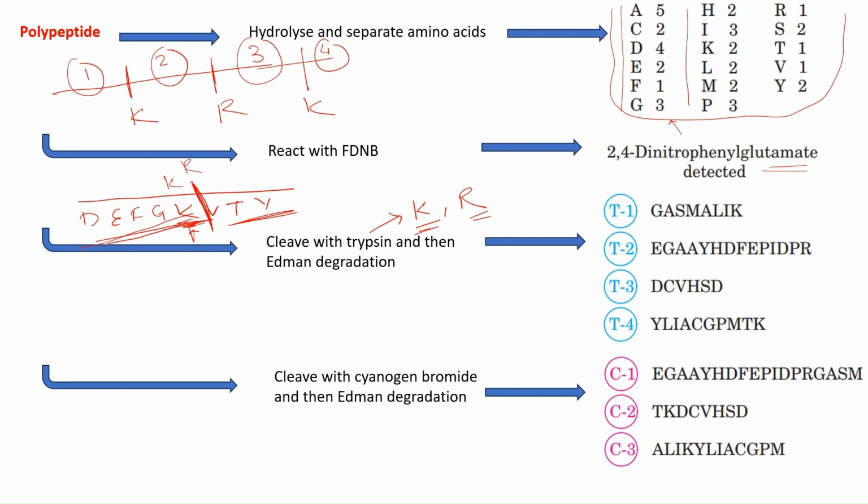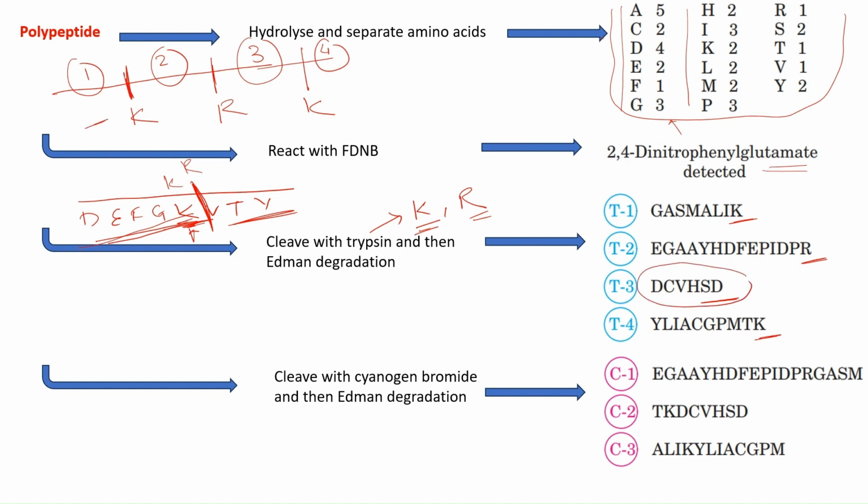First of all, if you notice, T1 ends with K, T2 ends with R, arginine, T4 again K, lysine. But in T3, at the end, there is no lysine or arginine. What does it mean? It means that this is the last fragment.